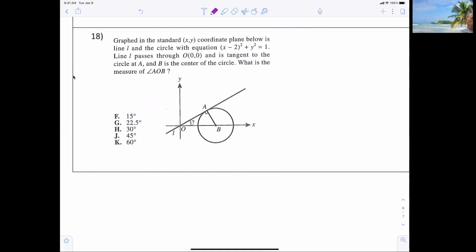Somebody said H. Okay, so it's tangent. All right. Now, the center of the circle is 2, 0. Does everybody agree with that? So this is from here to here. Does everybody agree that's 2?